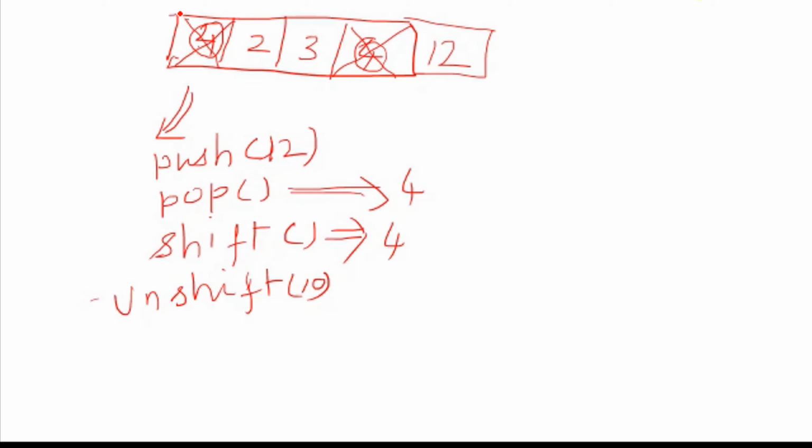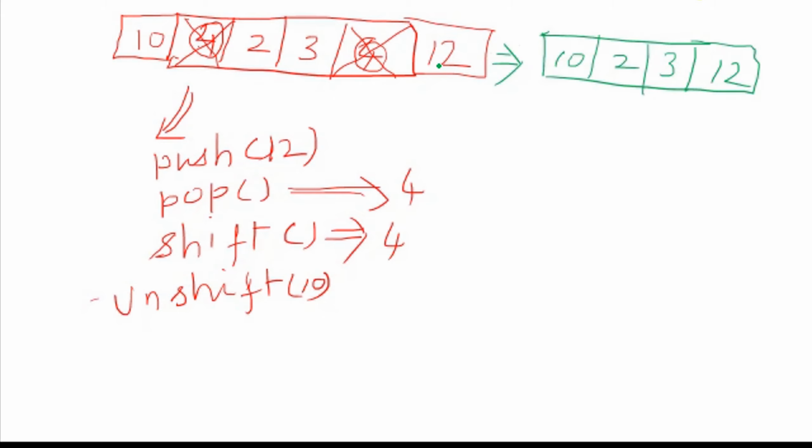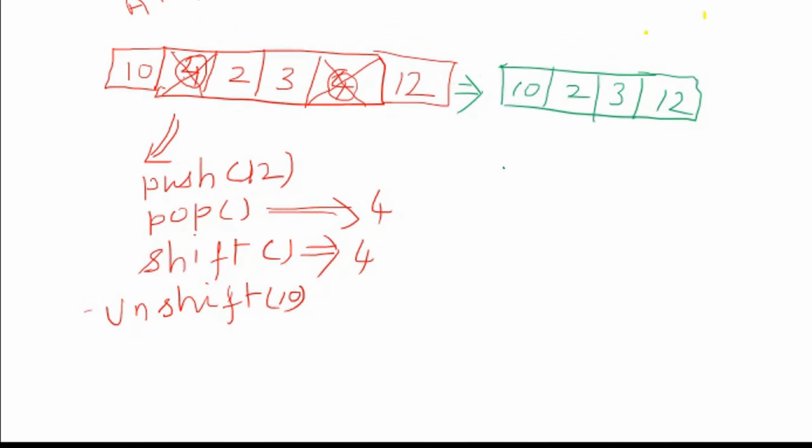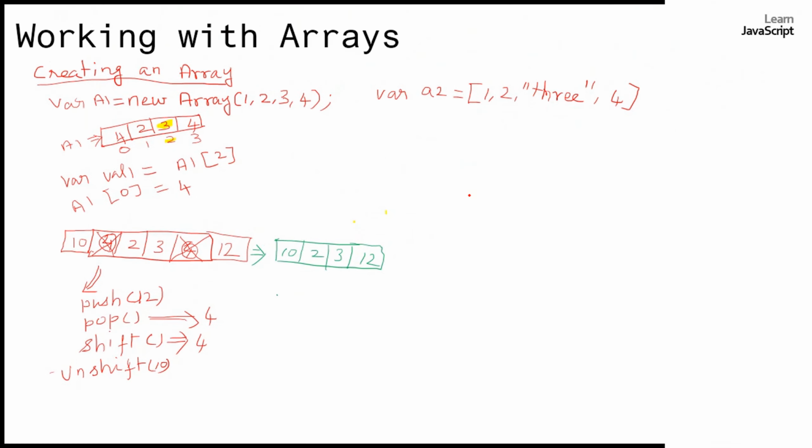So the value here that we are giving is 10. So we will get 10 here. Now if you see, after making this call, the modified array is 10, 2, 3 and 12. We can also use the concat method. Let's say we have an array.